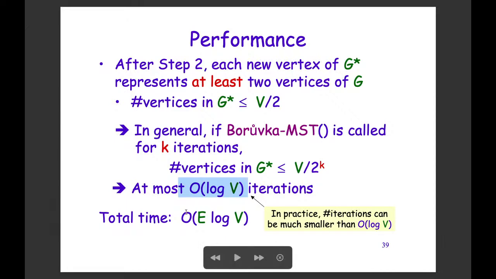So the total time for Borůvka can be analyzed as order E times log V, because there are log V rounds. Each time we may still have a lot of edges, so each time we have order E time. Order E times log V rounds is E log V. But then we can have some trade-off.